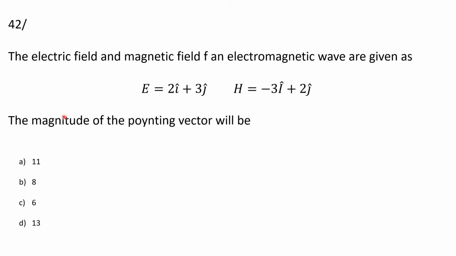Then the electric field and magnetic field of an electromagnetic wave are given as E equal to 2i plus 3j and H equal to minus 3i plus 2j. So the magnitude of the Poynting vector will be, and the options are 11, 8, 6 and 13.